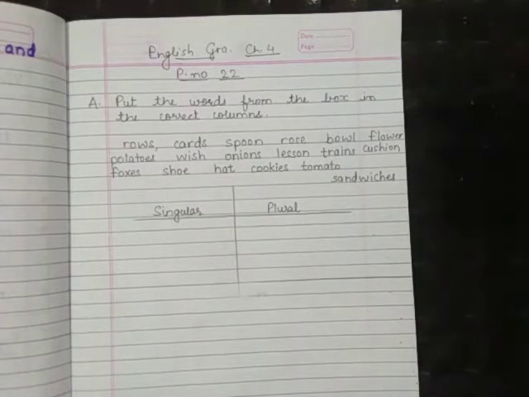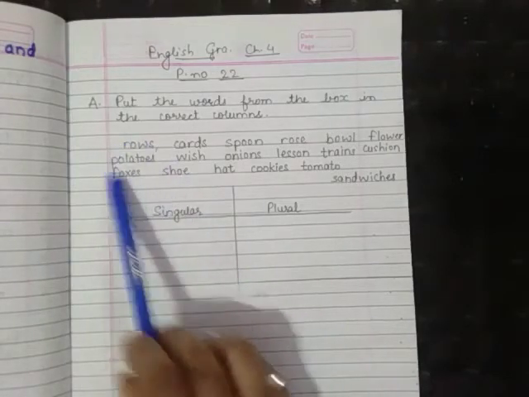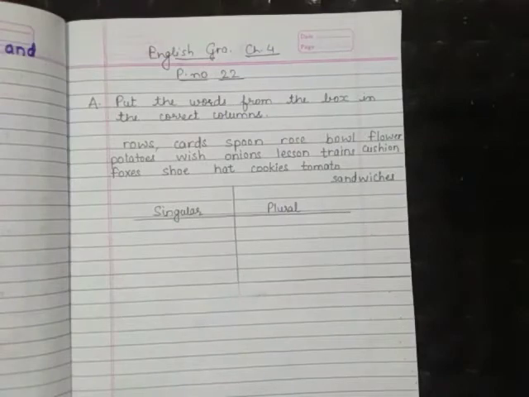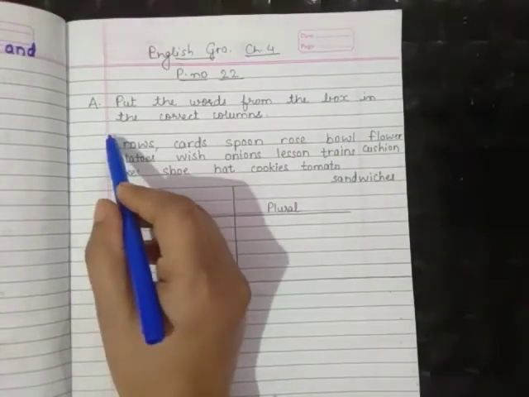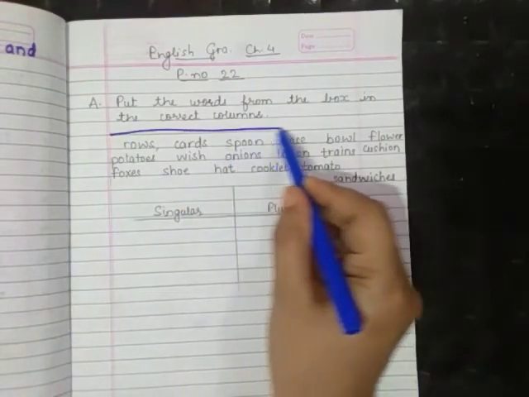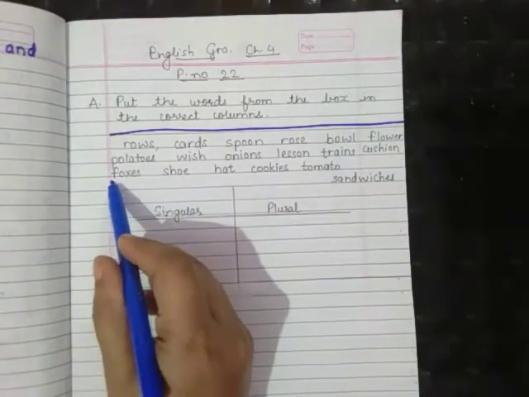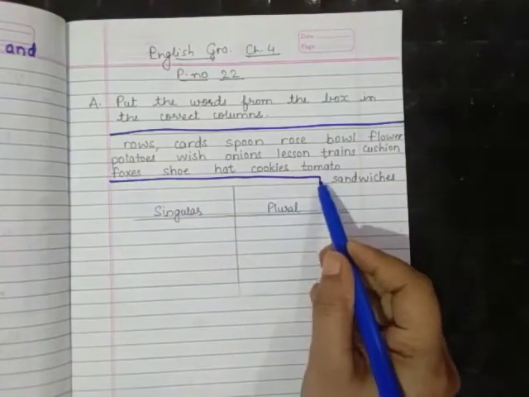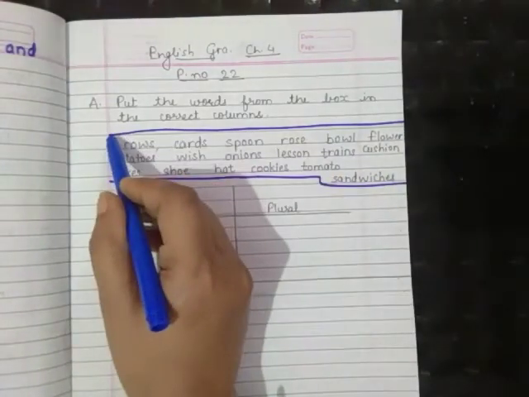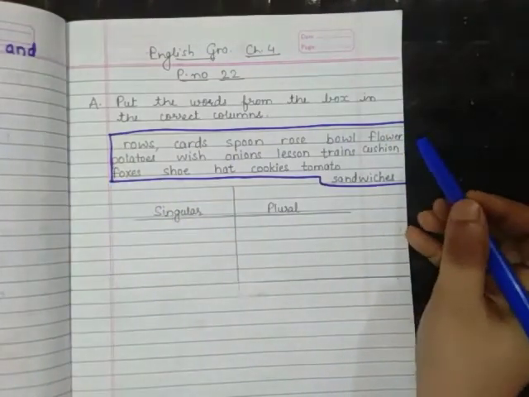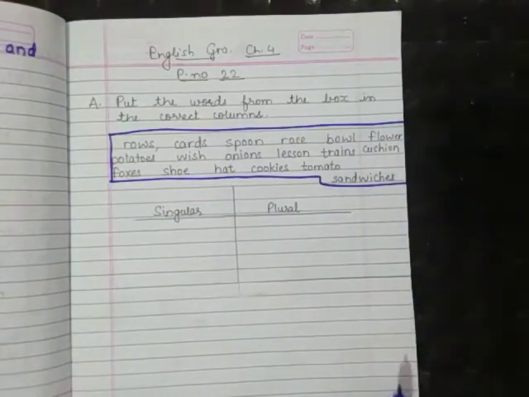Exercise A. Exercise A has many words here. I'm going to highlight them like this. These are the words given in exercise A. And what is the question?